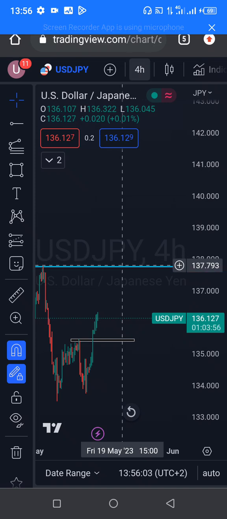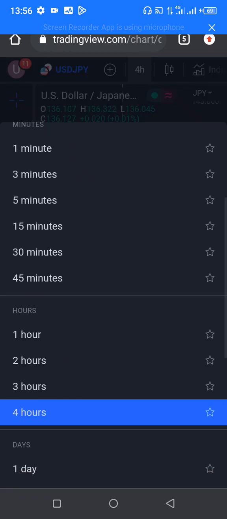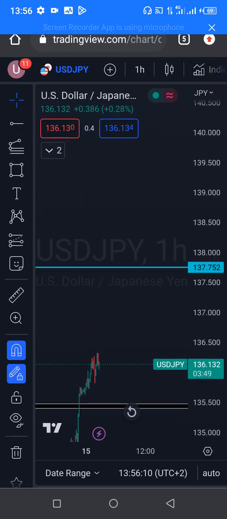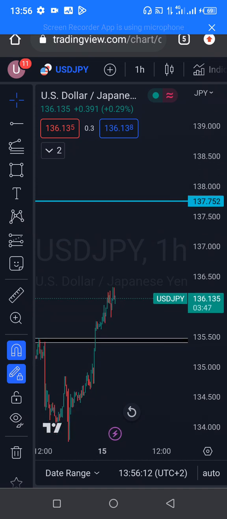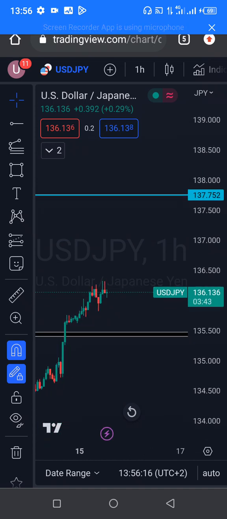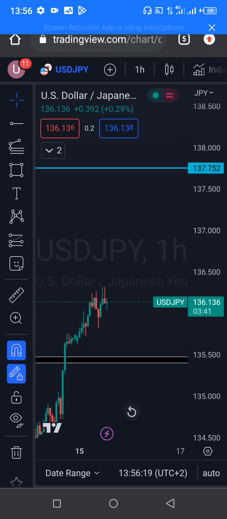So let's go to a 1-hour time frame where I look for entries. As I said, I'm going to look for buy setups against the trend, but the overall trend is the downward trend.